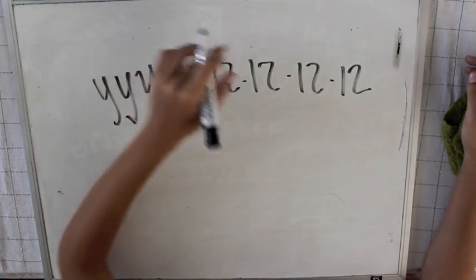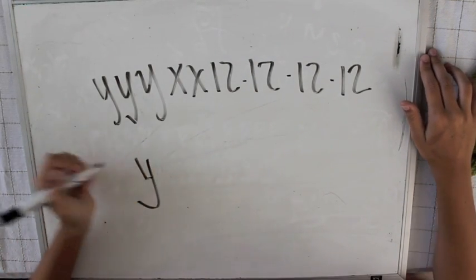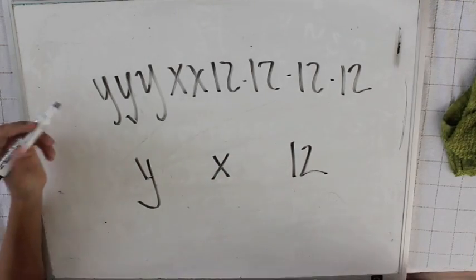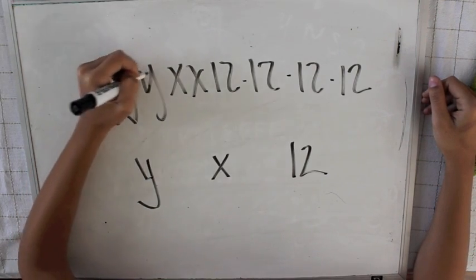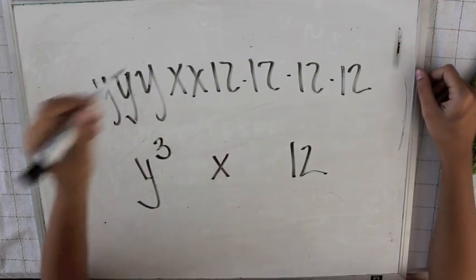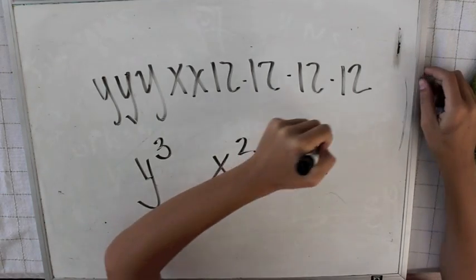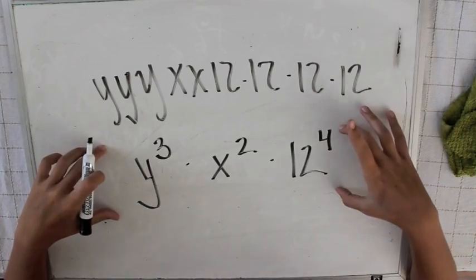We have y's, we have x's, and we have 12s. How many y's are there? 1, 2, there's 3 y's. How many x's are there? 2 x's. How many 12s are there? 4 12s. So there you go, you just condensed that down.